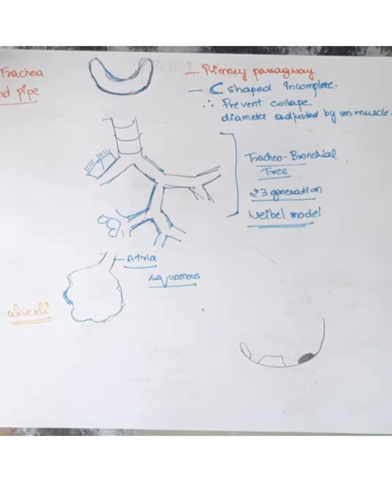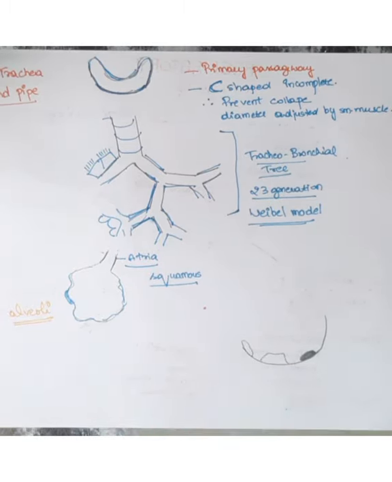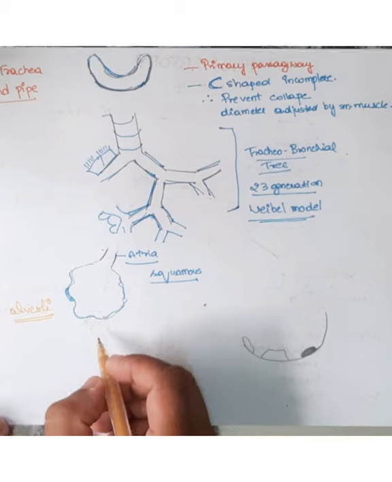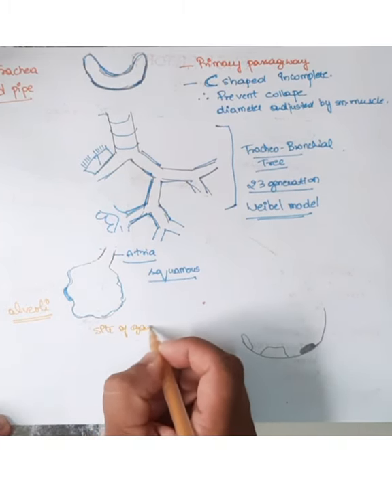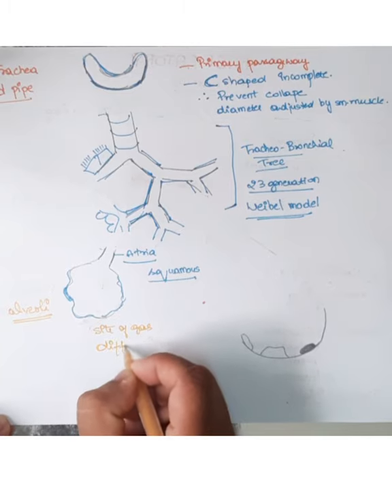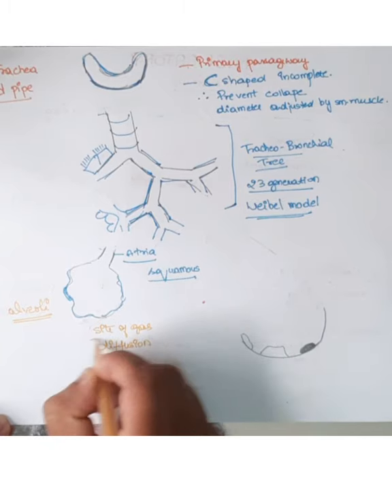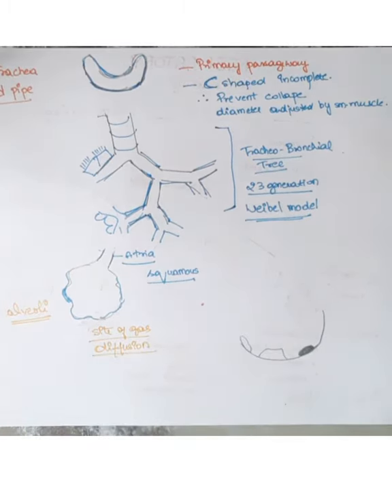Now coming to the alveoli, it is present in the principal structure of the respiratory system, the lungs. It is the principal site of gas diffusion. So the gas diffusion or the gas exchange occurs in alveoli.